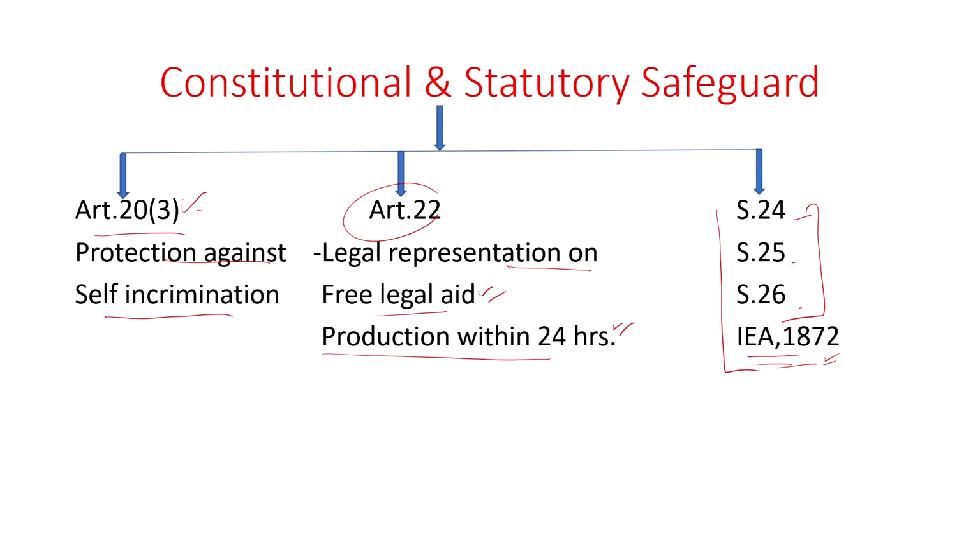So, this is another important protection, and you all might know about the right to free legal aid. If the accused is poor or indigent, then he is entitled to get legal assistance at the cost of the government. It is the constitutional obligation of the state to provide free legal aid to that arrested person.